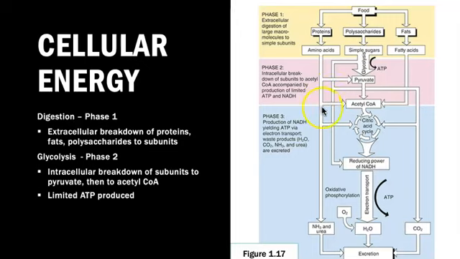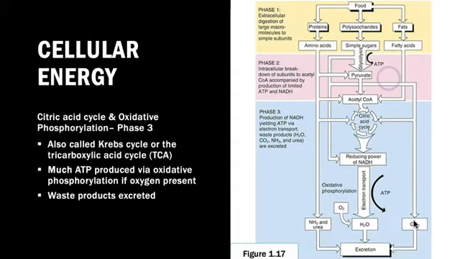And our next step is going to be to take that pyruvate and convert it into acetyl-CoA. Now this process limits the ATP that is produced, but we have a couple mechanisms that can maybe drive up our amount of ATP. That brings us to our third phase, which is going to be where we have our citric acid cycle and oxidative phosphorylation take place.